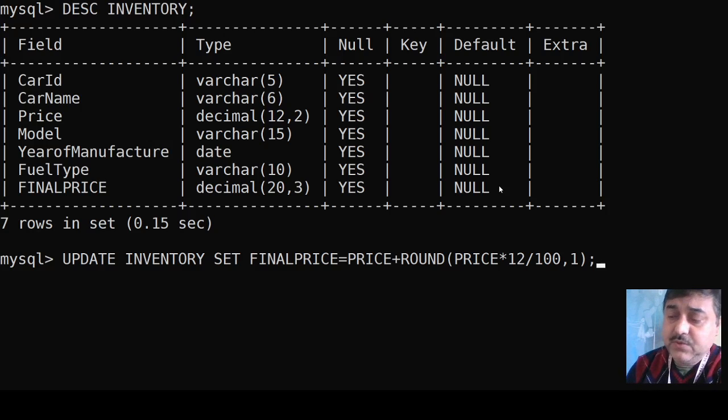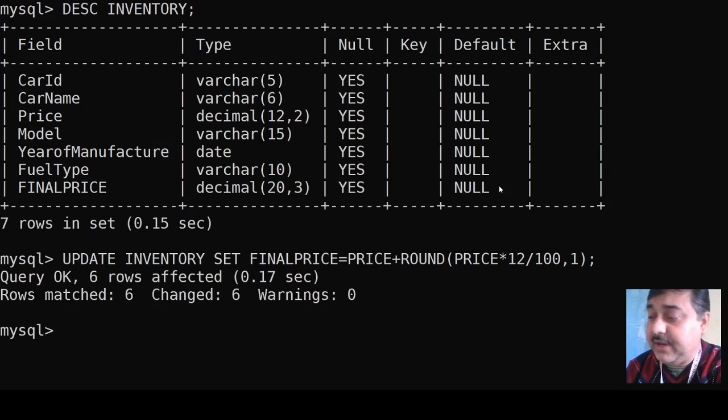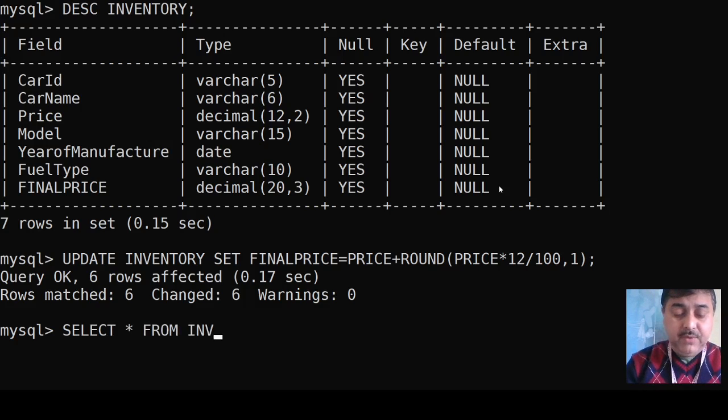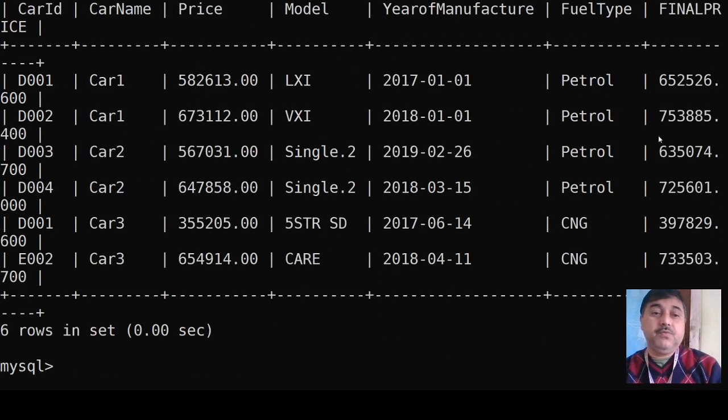When we give enter, you see this is affected and the table has been changed. Now we need to see the content of the table. So we write SELECT asterisk FROM inventory, semicolon. As we give it, you see the price has been calculated and rounded off to one decimal place.